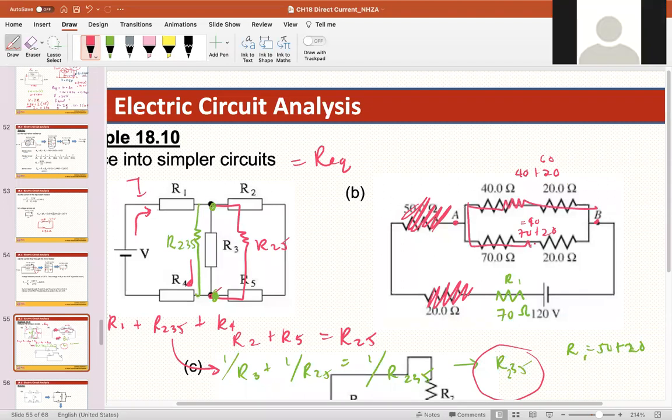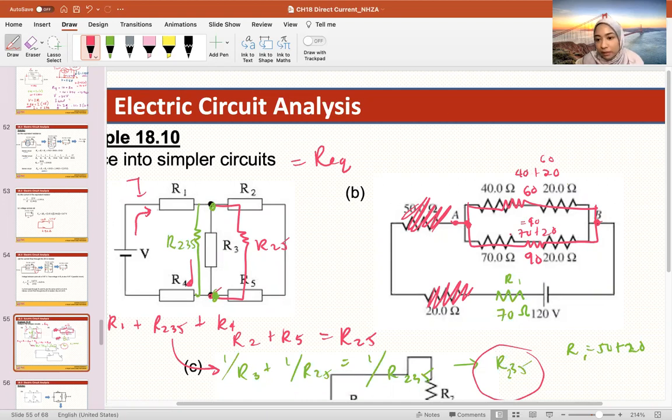So if I were to redraw this, it would look like this. Okay, so this is 60 and this is 90. So now the R equivalent for the top line and the R equivalent for the bottom line are in parallel with each other. So A and B both connect to the 60 and the 90. Earlier we added 40 plus 20 and then 70 plus 20.